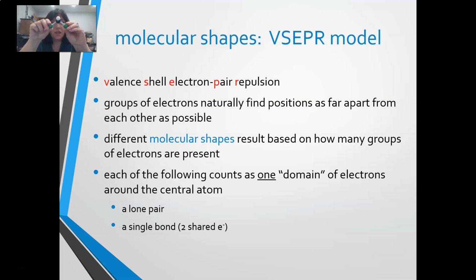There's a single bond between the black and the green. Or one domain is represented by a double bond or by a triple bond. Here's a triple bond, one domain. Here's a double bond, one domain. So in this structure, I have the 3 different kinds of domains: a single bond, a double bond, and a lone pair.